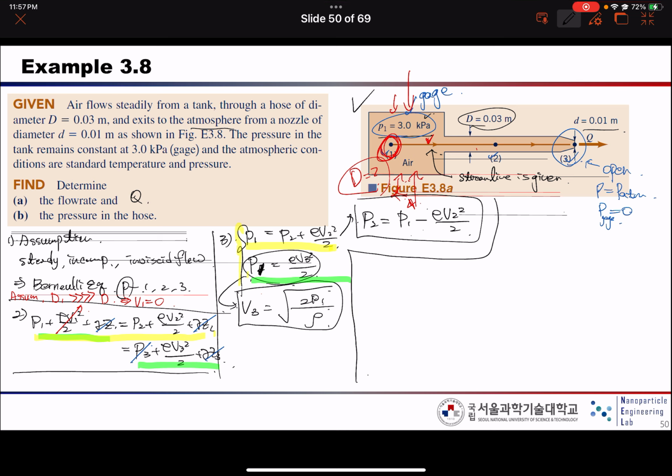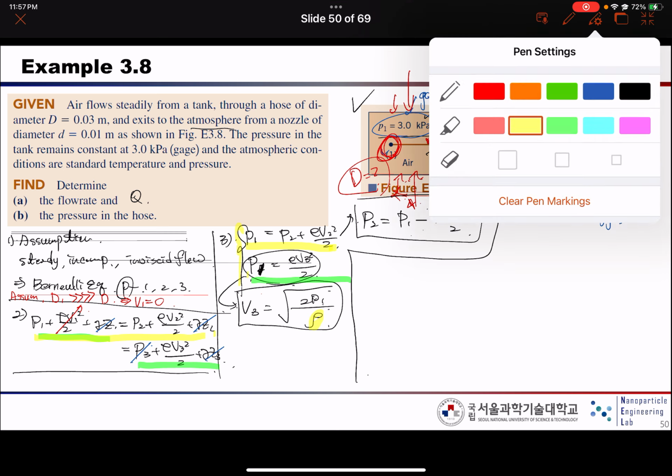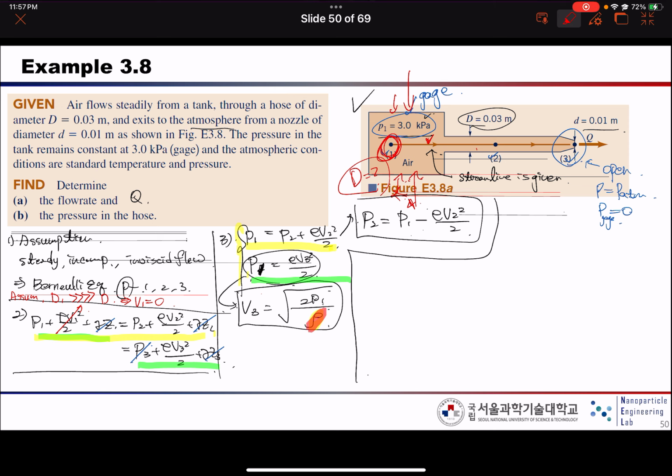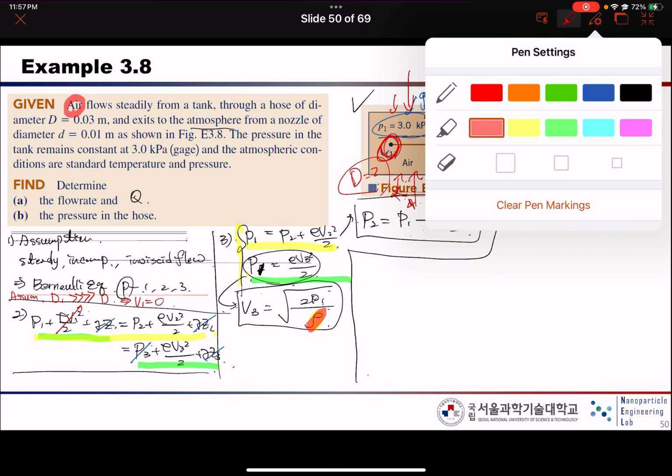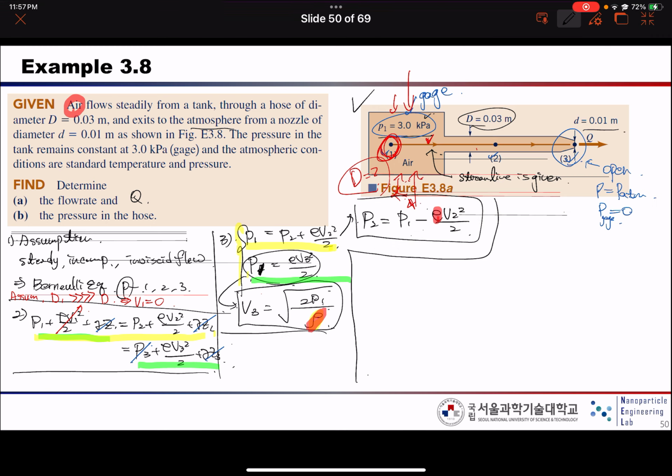So here, the density we should obtain. Here this one is air, right? So we are going to determine the air density using the ideal gas law.